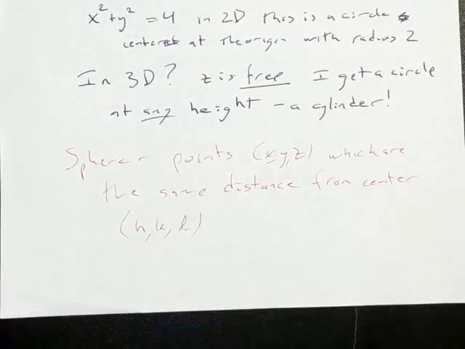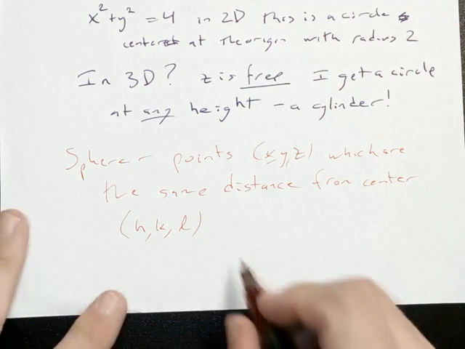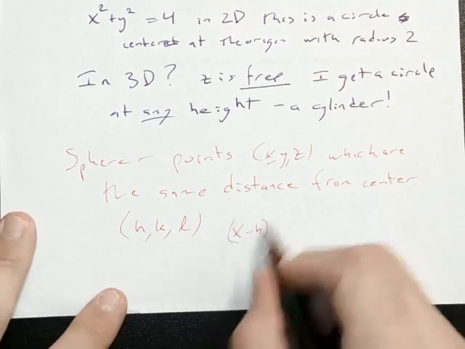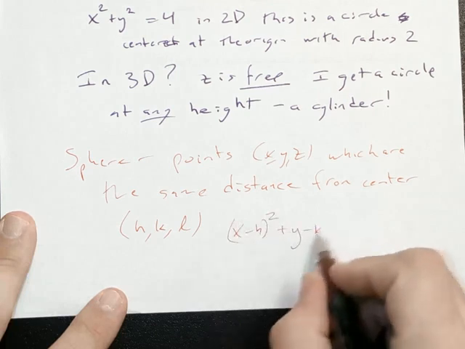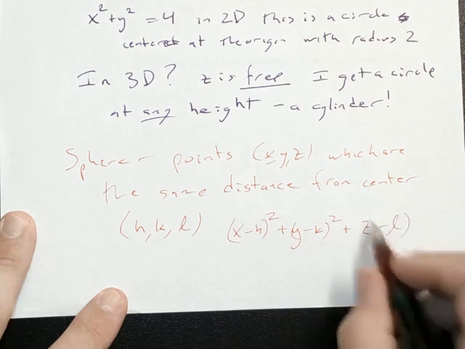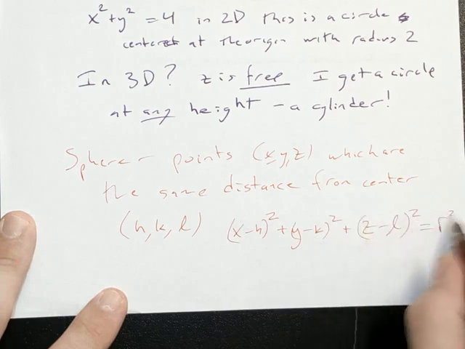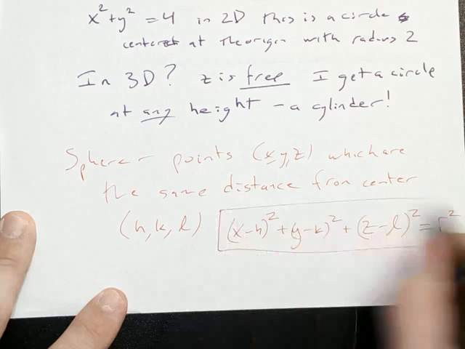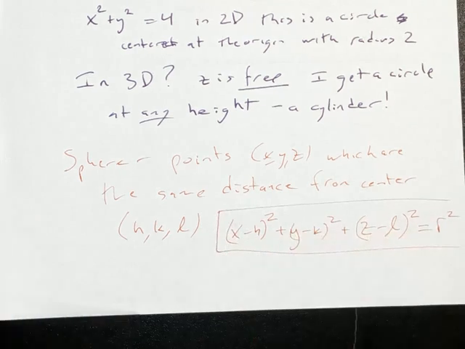I'll call it L. So now I set up my distance formula, and I square everything so I don't have to deal with the square root. So I get x minus h squared, y minus k squared, and then z minus L squared. And there's my radius on the end, r squared. Just like a circle with one extra letter.